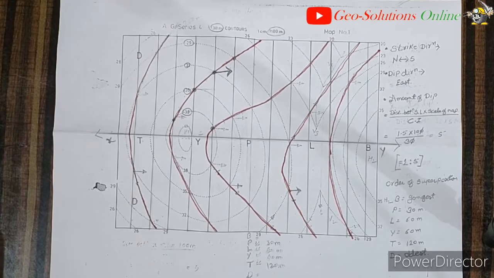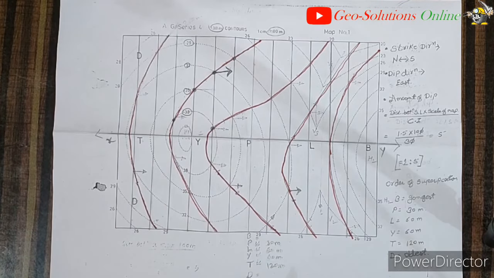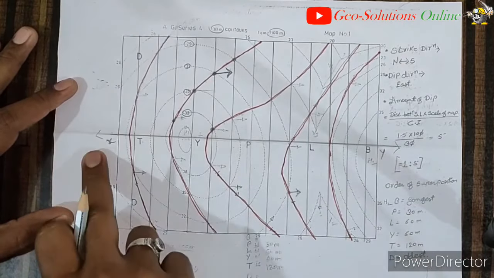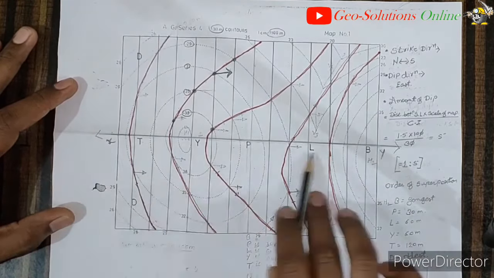For now we are going to study how to plot the cross section of this geological map with the help of this XY axis, which I had already plotted on the map. This is X and this is Y, this is the axis.